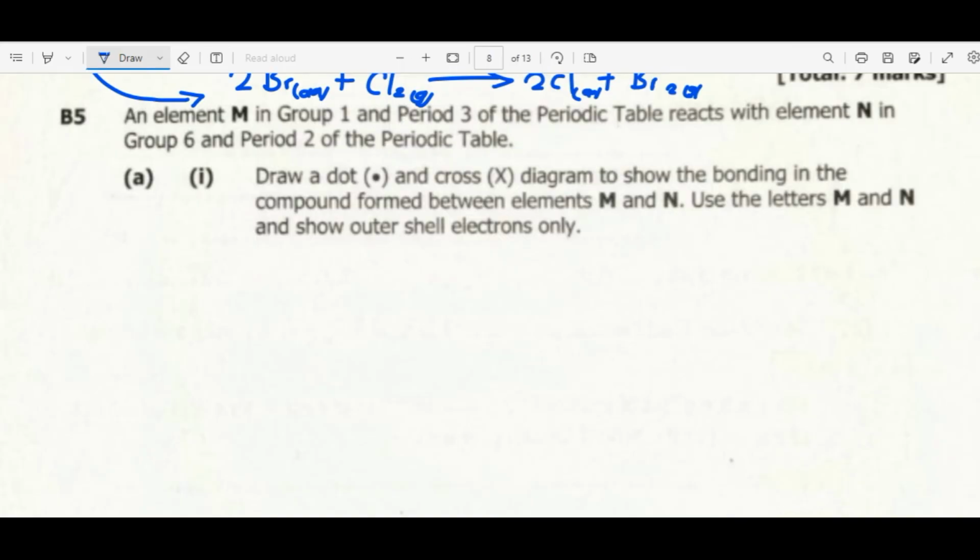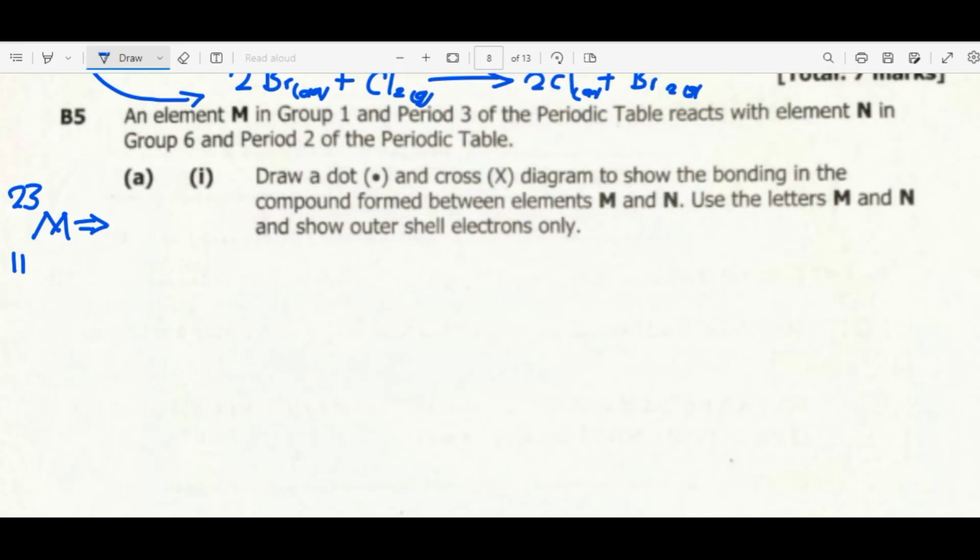Now even if we are told to show the outer shells, first we need to look at the electronic configuration. So we are taught to use M. If you look at your periodic table, the element that is in group 1, period 3 is sodium, which has a mass number of 23 and atomic number 11.